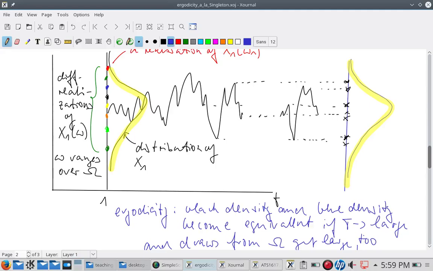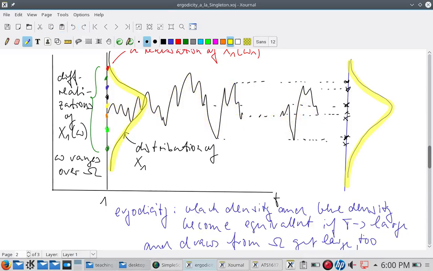But that would also be a process that is ergodic. It suffices to observe the process in time, because see what happens if we move along the process, we basically collect the same information as if we were to observe this process over and over again at a certain point in time. And that's what ergodicity means. Okay.